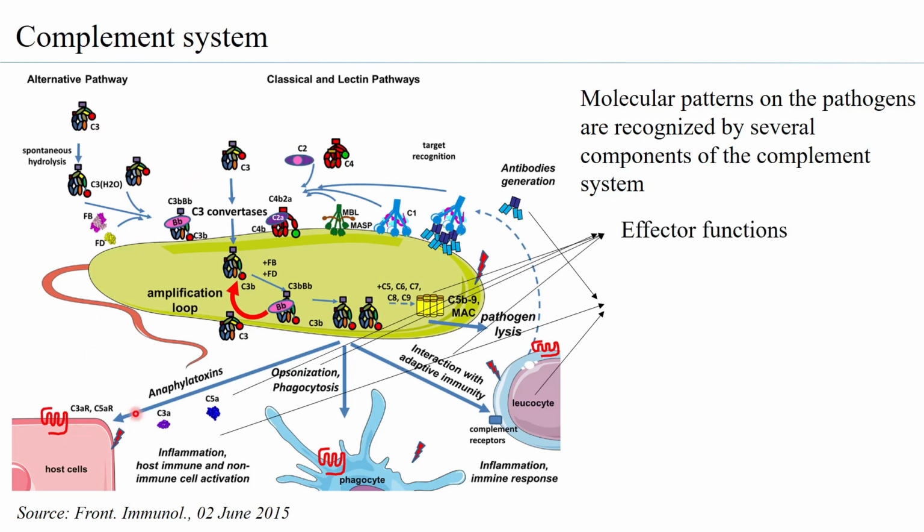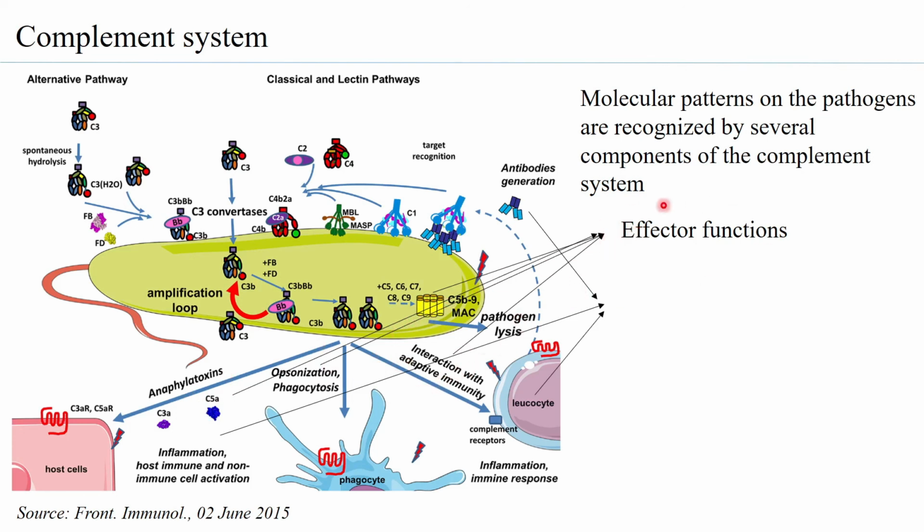Now, what are the effector functions therefore? For example, the membrane attack complex is formed due to the assembly of several complement components on the surface of the microbe. Then you have, of course, inflammation. Then you have opsonization. You have interaction with the adaptive immunity.